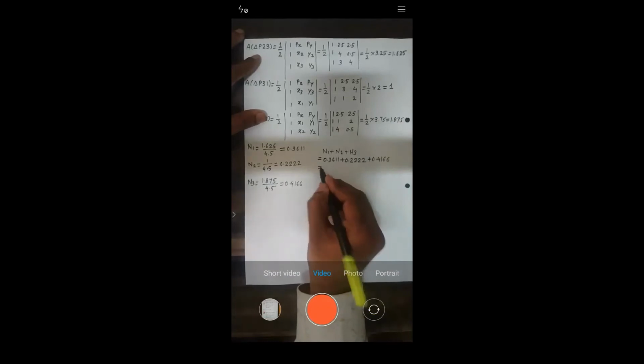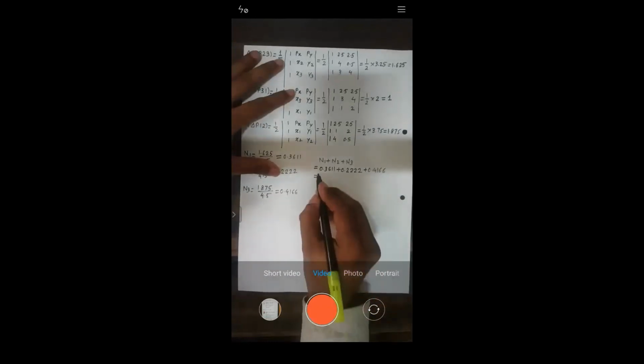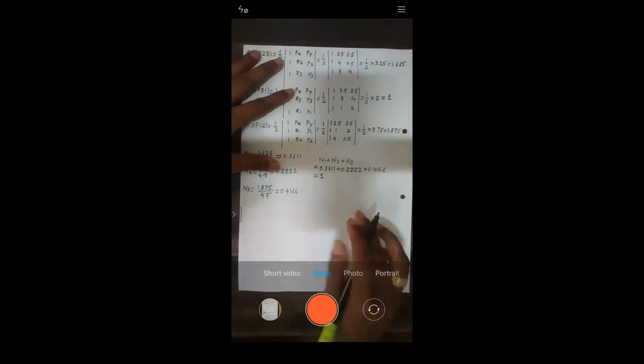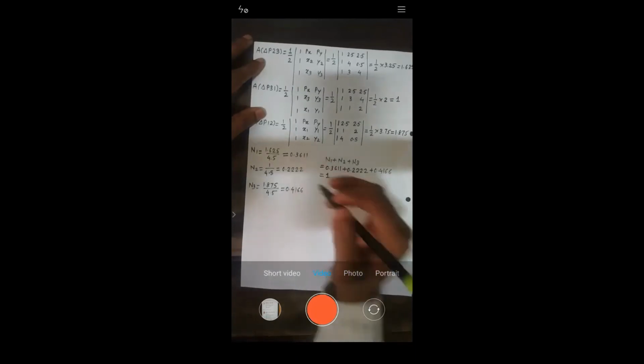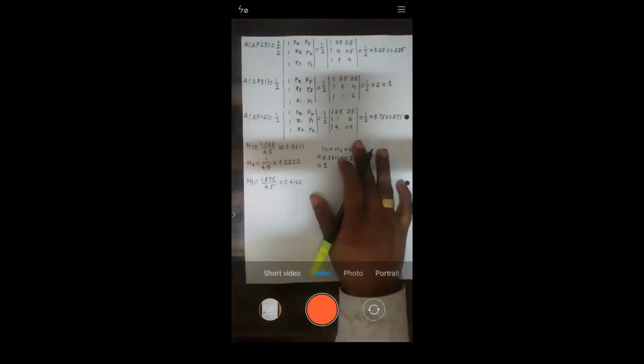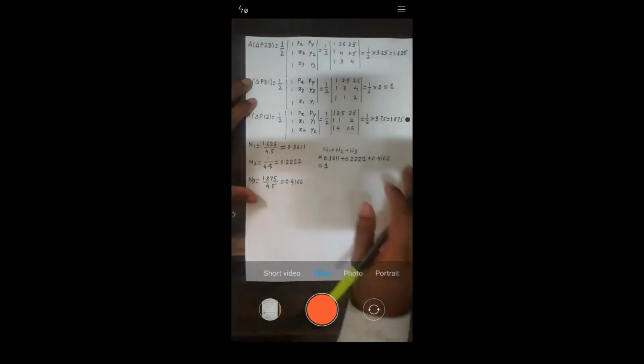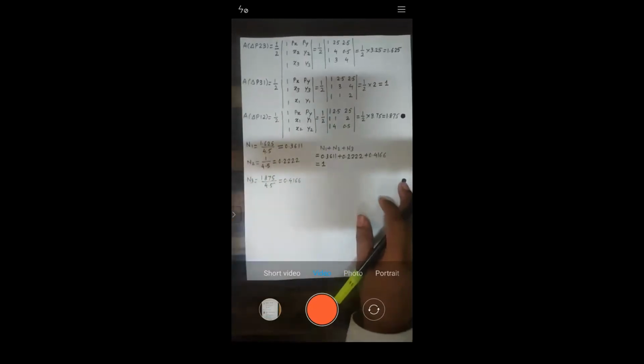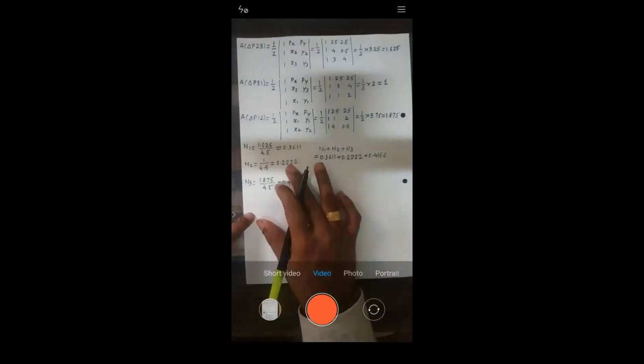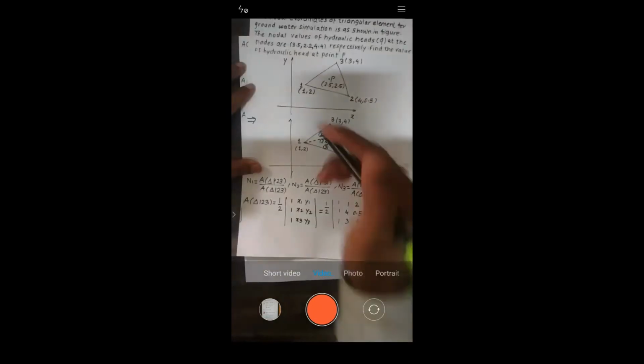Tell me how much it is coming. 0.9999. So it is 1, right? So the values of shape functions that you have calculated are correct.